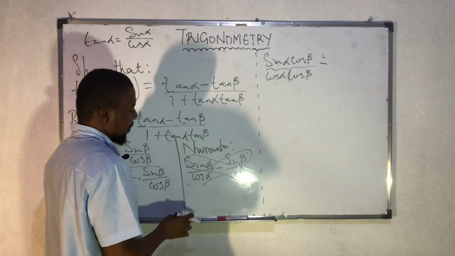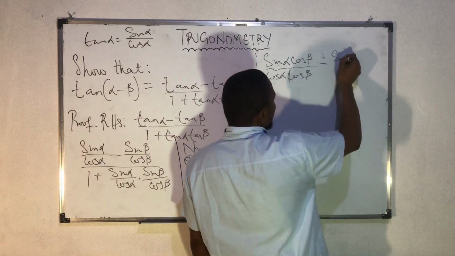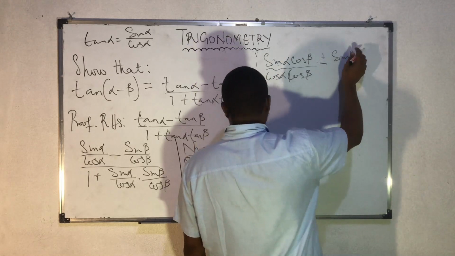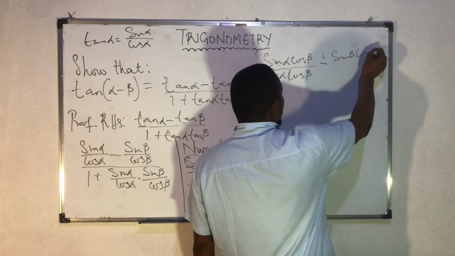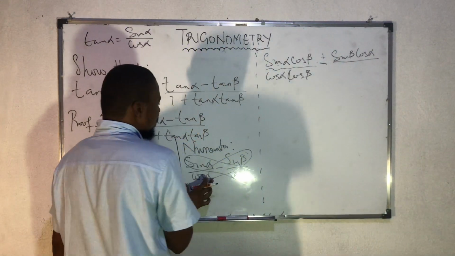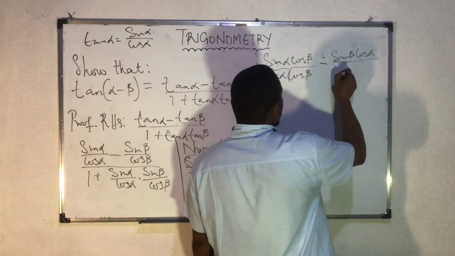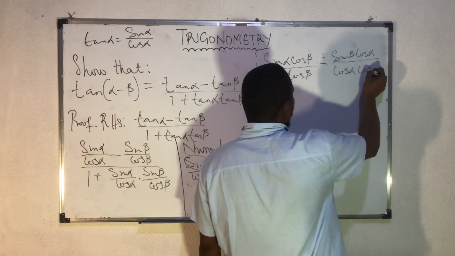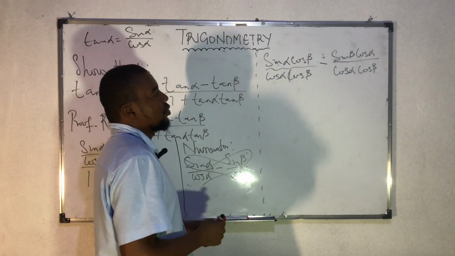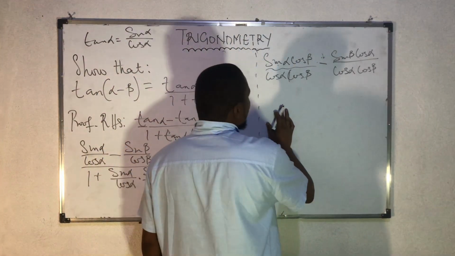Minus cos alpha times sine beta would give us sine beta cos alpha, over cos alpha times cos beta, which gives us cos alpha cos beta. Now they have a common denominator and it's going to be quite easy to combine them right now.